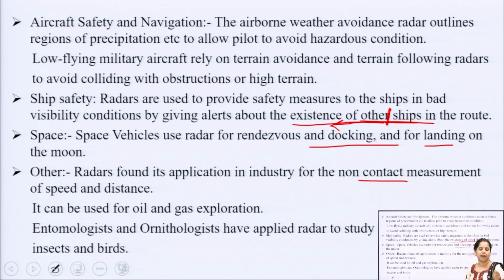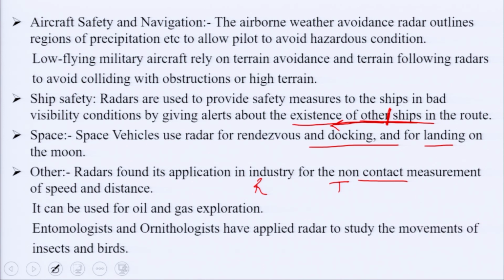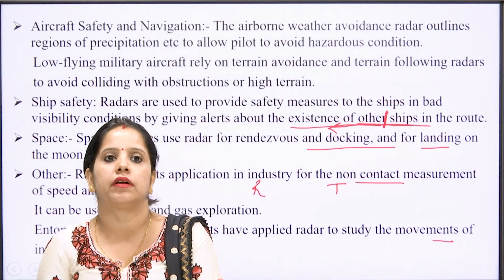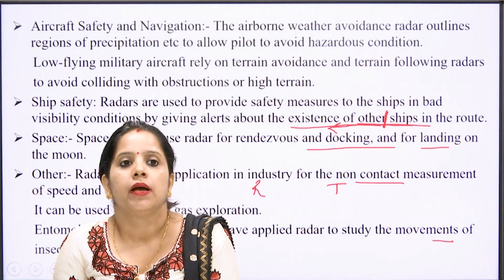We measure the distance from the radar to the target, and we can apply that for industry also for non-contact measurement. It can be used for oil and gas exploration. Entomologists and ornithologists have applied radar to study the movement of insects and birds. So, we can say that there is a wide range of applications in the field of radar.